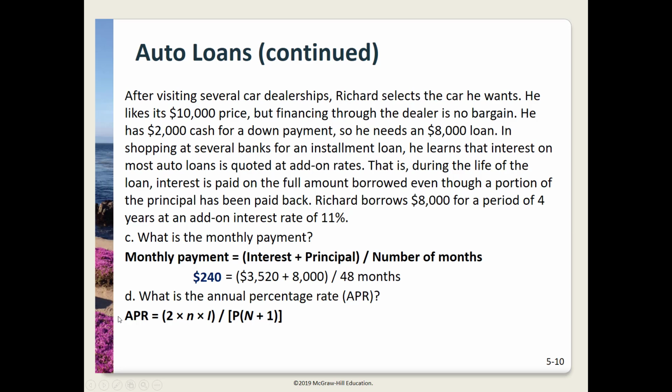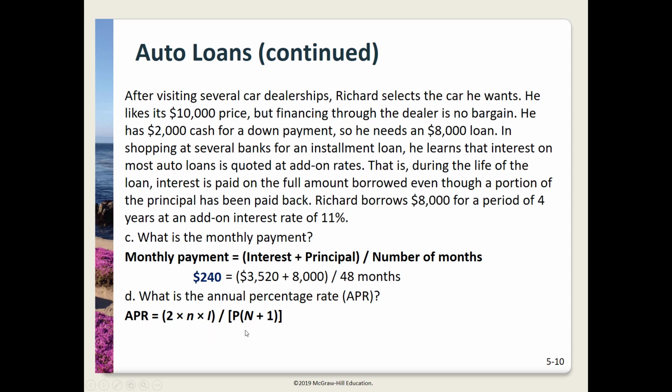In Part D, we want to know what the annual percentage rate or the APR is. So here's our formula. So if you need help with the abbreviations, under the Chapter 5 Homework Formulas and Files page, I do have the abbreviations explained. So our formula in the numerator up here, it's 2 times lowercase n, which is the number of payment periods in 1 year, times I, which is the interest, and then we'll divide it by the denominator.